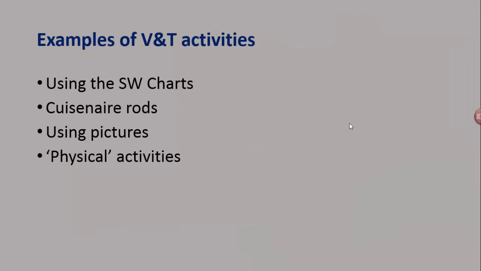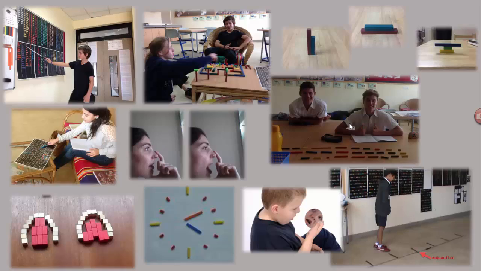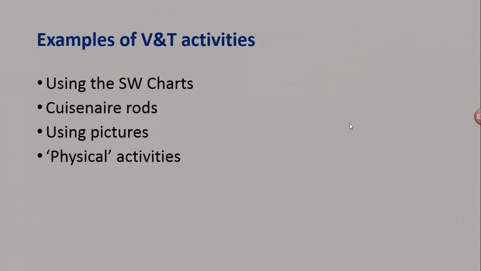Other examples of visual and tangible activities, of course, are using the Silent Way charts, because all the material is visual and kinesthetic. Using Cuisenaire rods to make different visual situations, and using pictures. So using any prompts and trying to describe the pictures, and according to the levels we have in our class, make more or less complicated sentences.